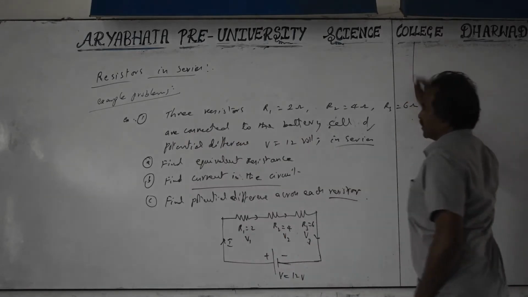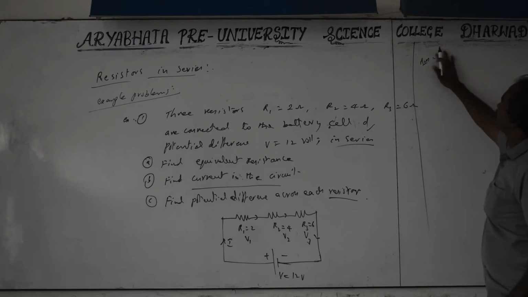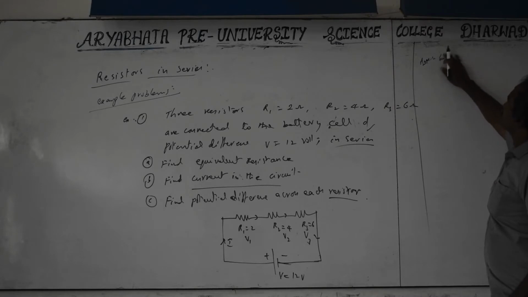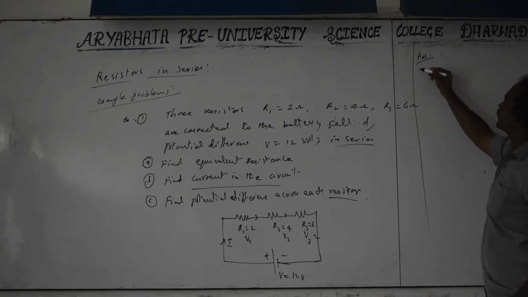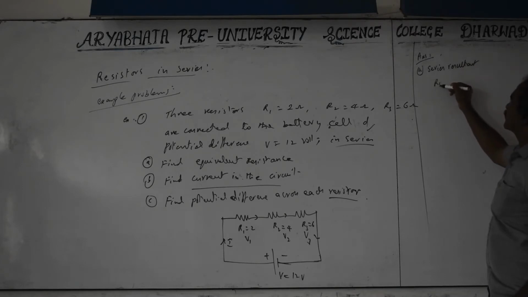In series combination, the resultant resistance R series is simply the addition R1 plus R2 plus R3.